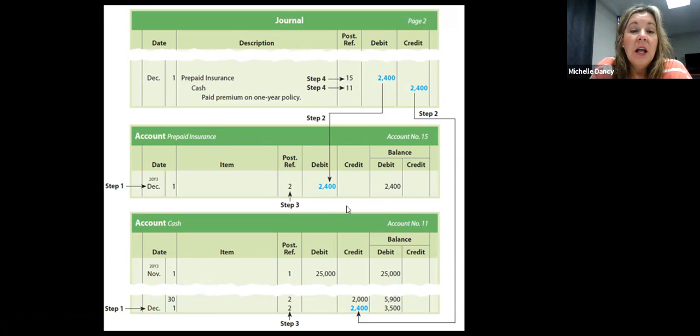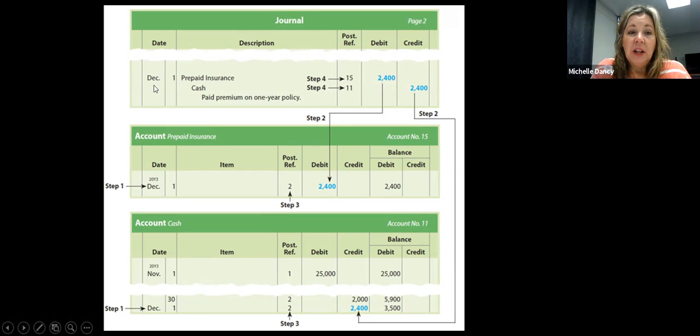So let's look up here at our journal. We have a debit to prepaid insurance of $2,400 and a credit to cash of $2,400. So that is my journal entry. When I'm ready to post, just like when I was doing T accounts, I'm still copying, okay?